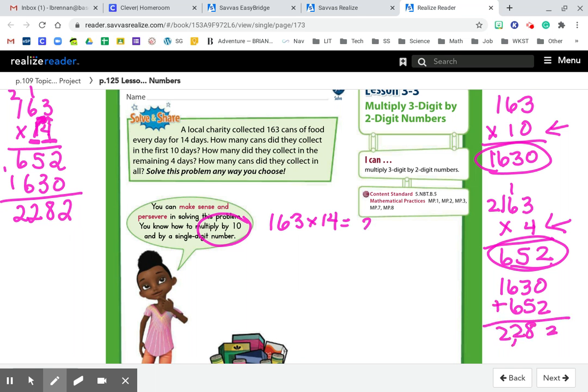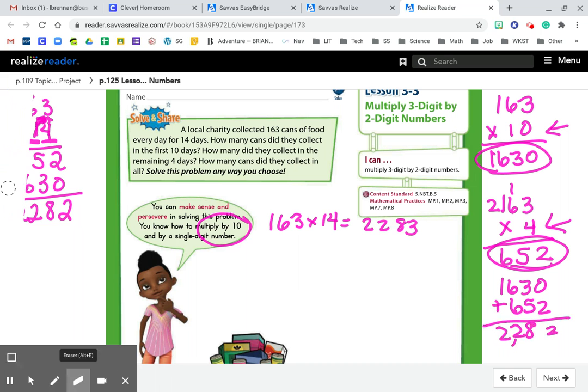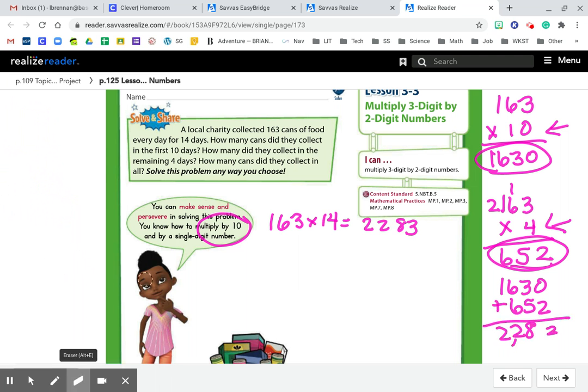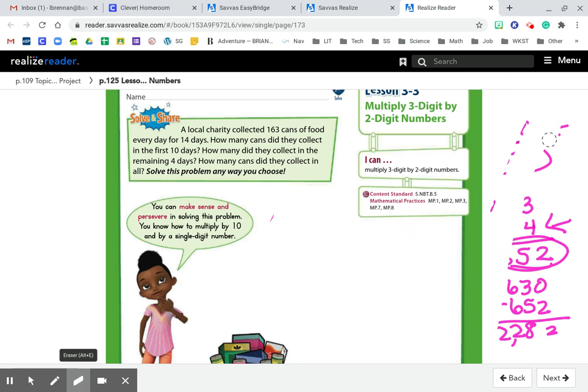So you can use partial products and use the distributive property to help you solve larger numbers. Build on what you already know how to use from your lower grades, the single digit multiplication and the base 10 multiplication. So let's move along.